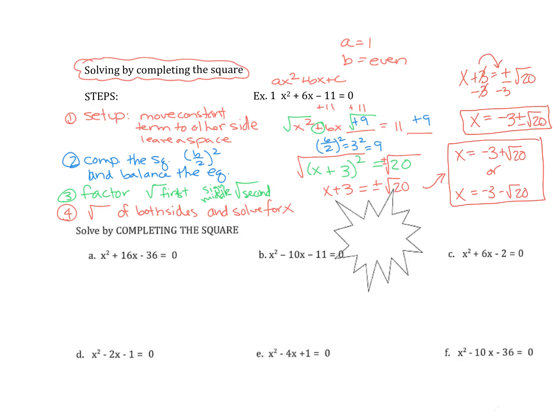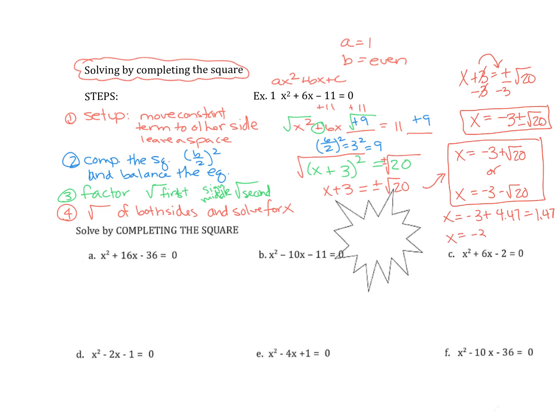Or, let me find my calculator here. If you're thinking about this as negative 3 plus the square root of 20, the square root of 20 is 4.47. So negative 3 plus 4.47 gives me 1.47.